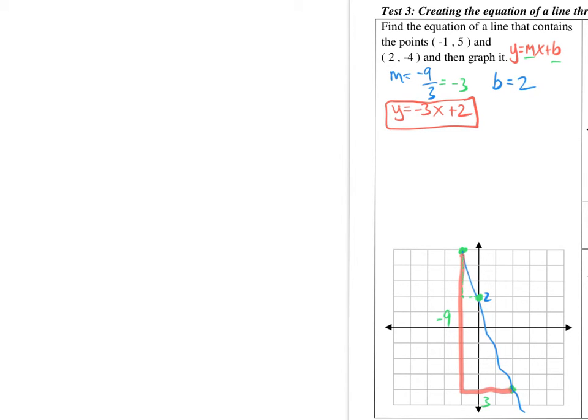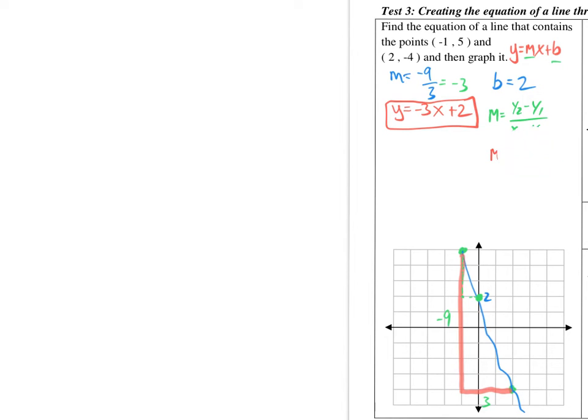I want to do it algebraically now. So let's find the slope algebraically using these 2 dots. Well, to find the slope algebraically, m equals y2 minus y1 over x2 minus x1. So could I quickly find my slope? Could I take the y2 minus the y1 over the x2, oh, did I do that wrong?